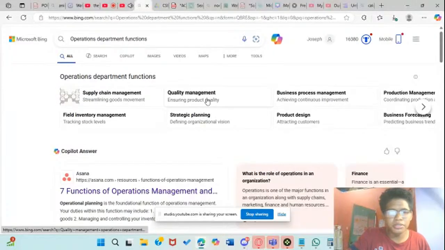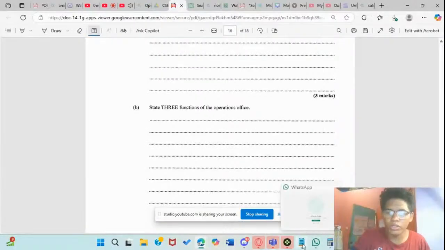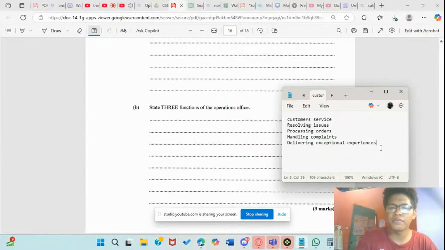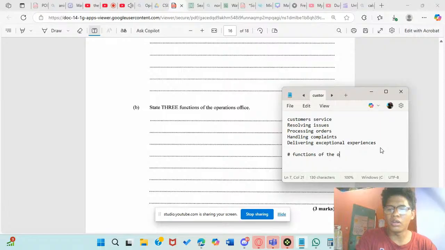They'll have a lot of functions. Let's just put functions up on the notes, in a separate column. Functions of the operations department.